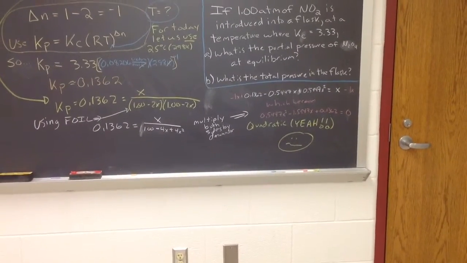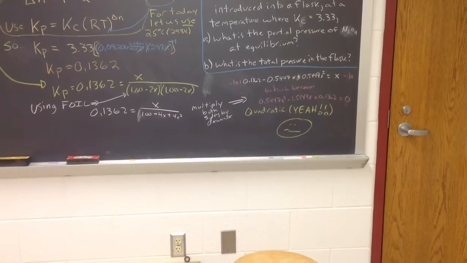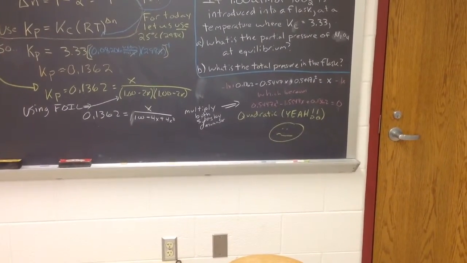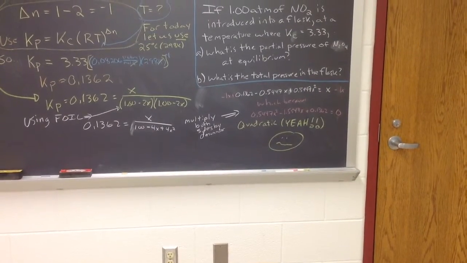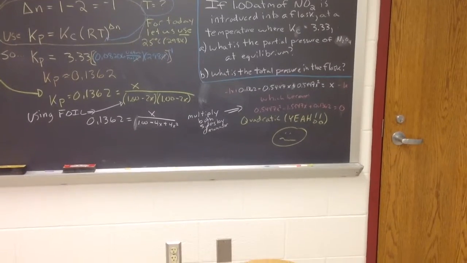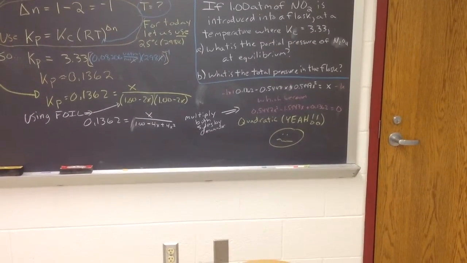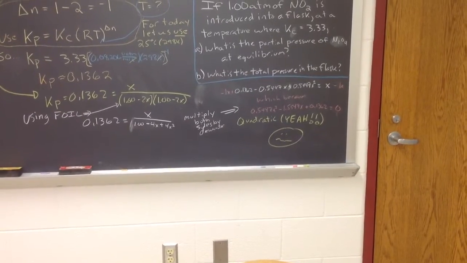If we subtract x from both sides, it becomes, here in red, and I've rearranged things to put x squared first, we've got 0.5447 rounded times x squared minus 1.5547x plus 0.1362 equals 0.